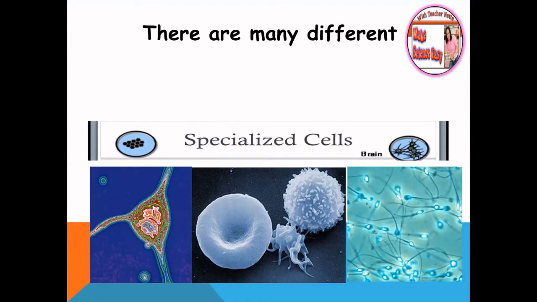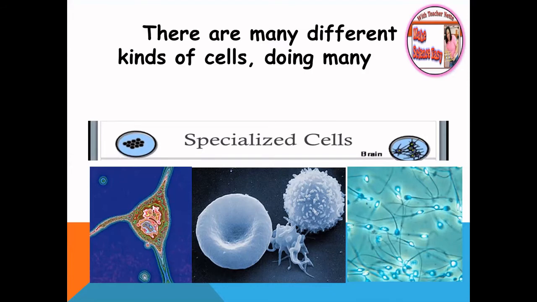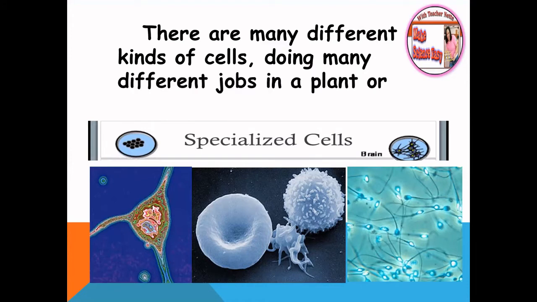There are many different kinds of cells doing many different jobs in a plant or an animal. Of a specialized cell. Let's begin.